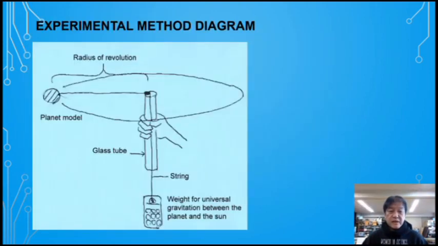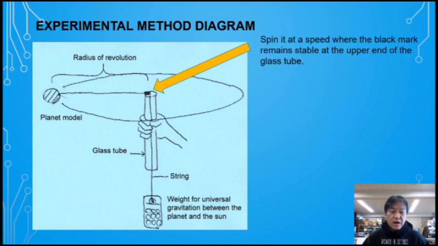Let me explain the experiment. The members of a group will work together to carry out the experiment. On the fishing line, there is a black mark made with a marker just at the position of revolution radius. Let's practice for a while until the revolution settles over your head.